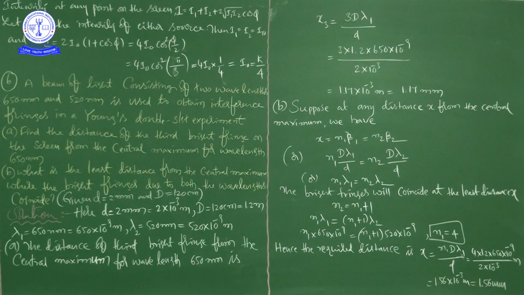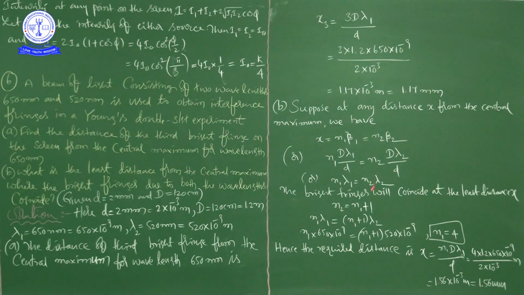This is what he is asking. The question is where the bright fringes due to both the wavelengths coincide. So both will coincide when N2 is equal to N1 plus 1. For example, N1 is 1 means N2 is 2. For example, N1 is 3 means N2 is 4. So N2 is one greater, N2 is equal to N1 plus 1.